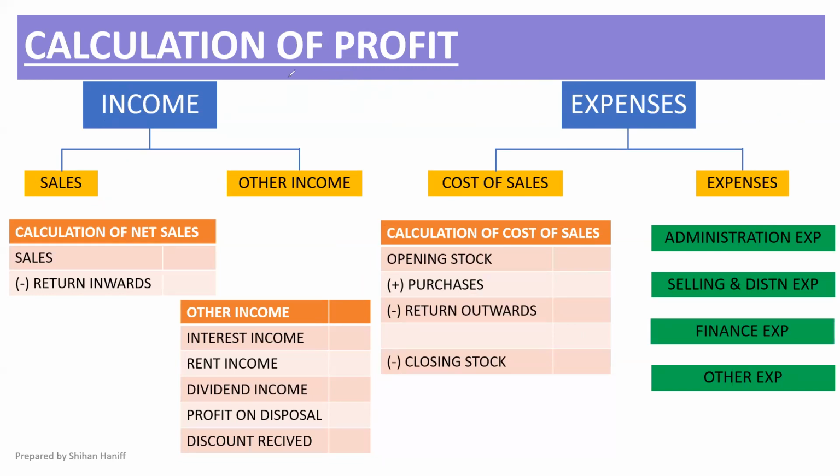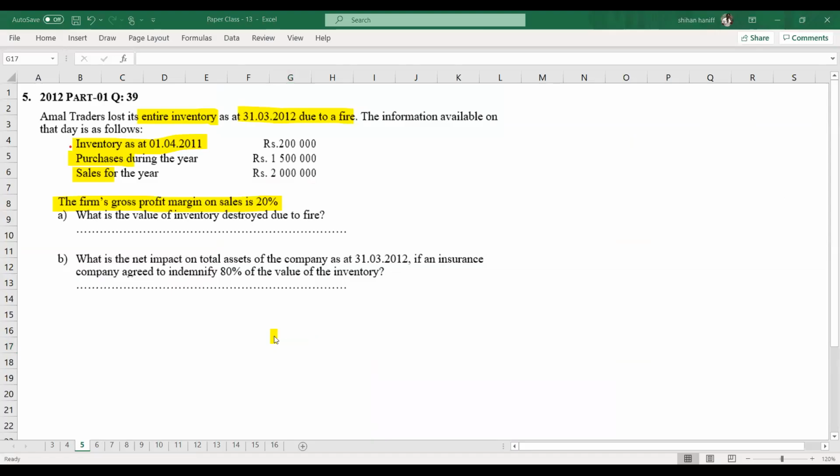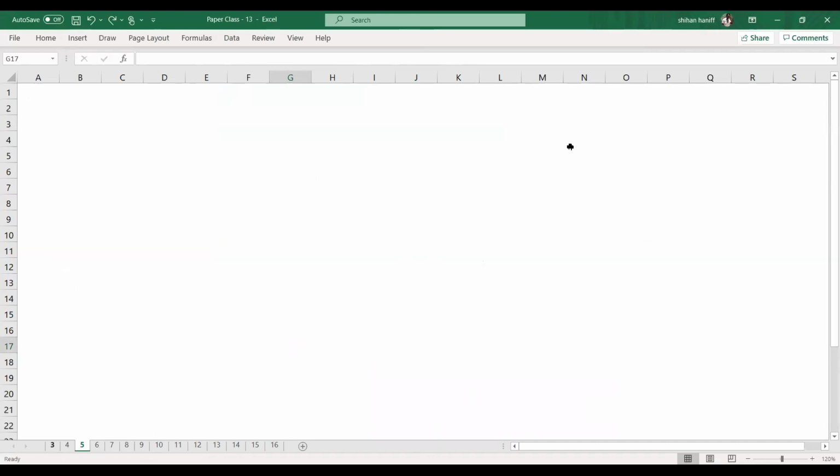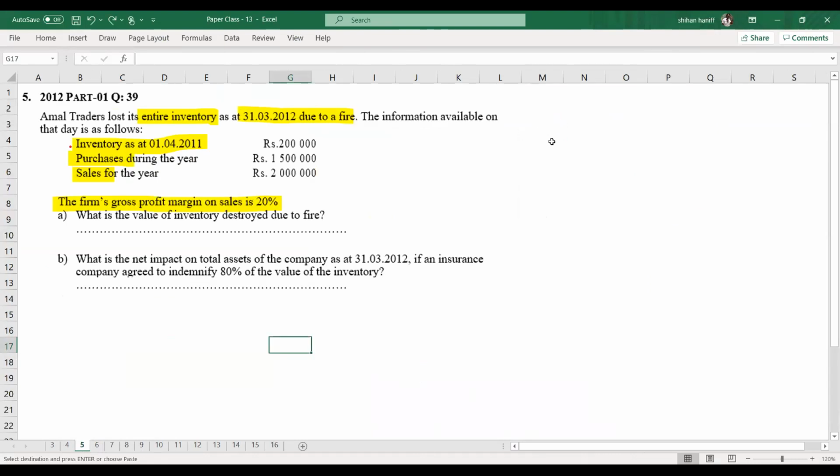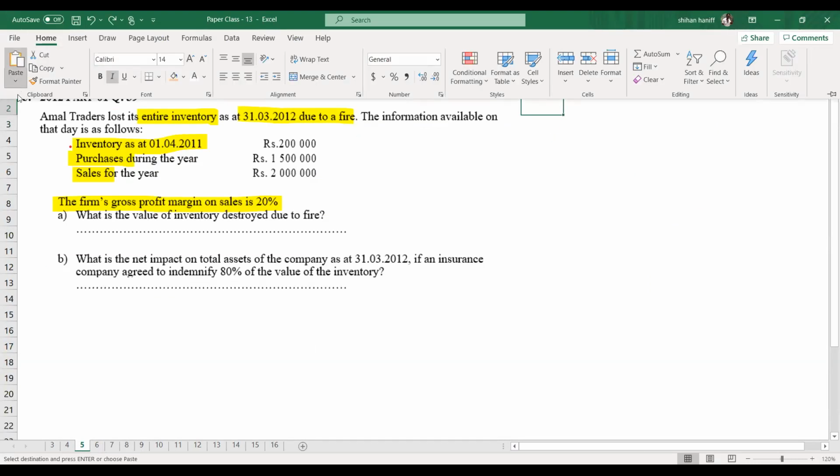Right, so let's move to our question. What is the answer for this? I'm using the same format which we used earlier to calculate the closing inventory.